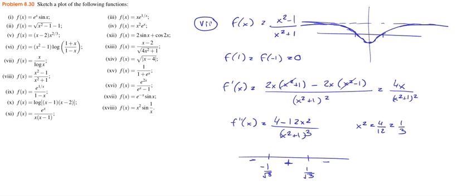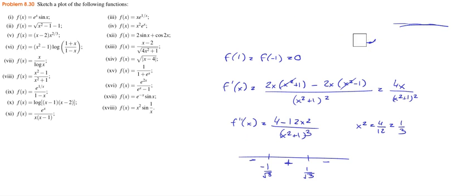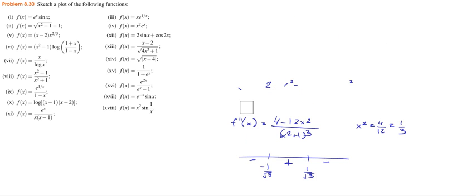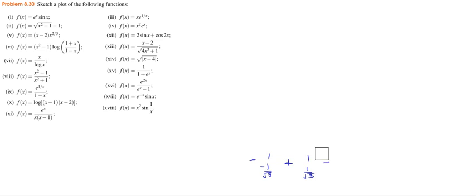Okay, let's do part 8. Sorry, 9. Part 9 is f of x equals e to the 1 over x, divided by 1 minus x.